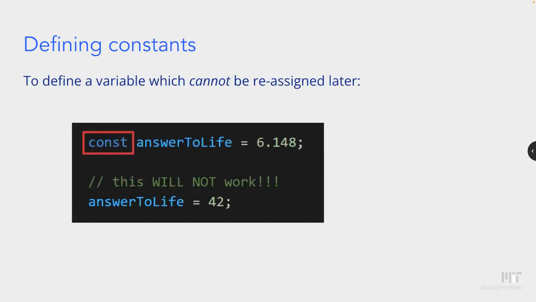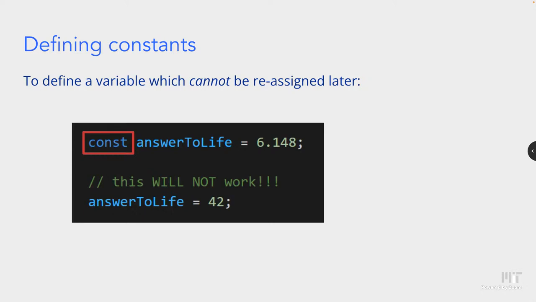Okay, now if you want to define a constant variable, so unlike let, you want it to always have the same value, you can put const in front of it. That's also one of the three key definition words that you can put in front.